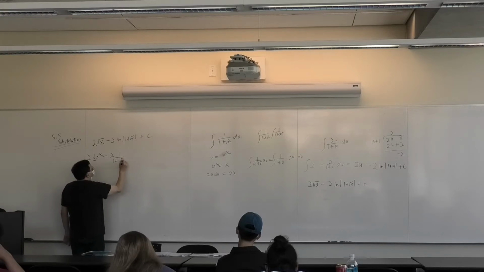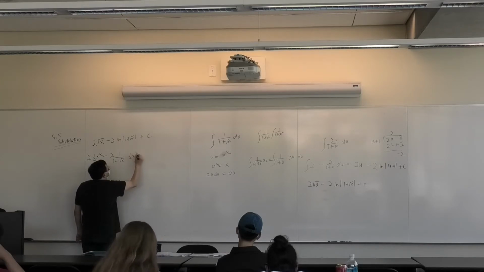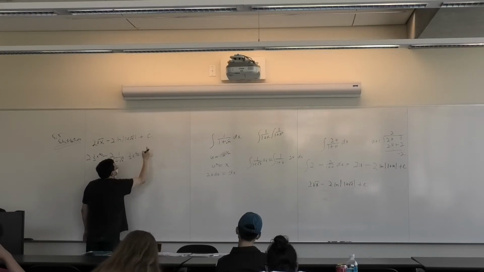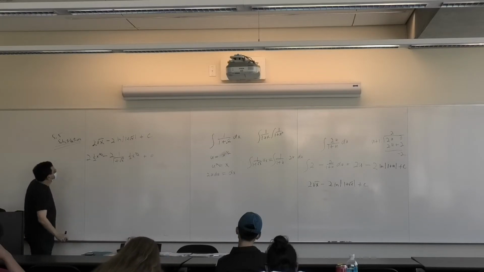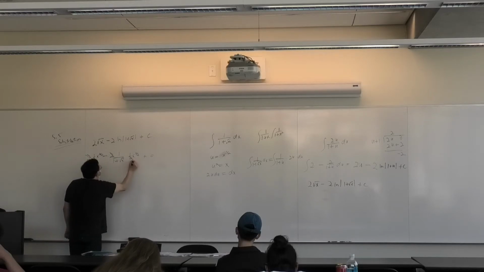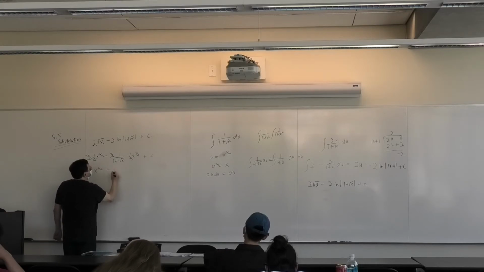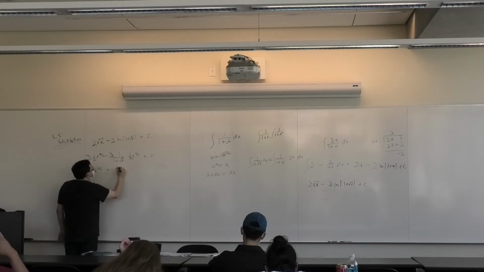That uses the chain rule, 1 over 1 plus the square root of x is what? 1/2 x to the 3/2 plus 0. Right? These cancel. These cancel, so I have x to the 3/2 plus x to the 3/2 over 1 plus square root of x.